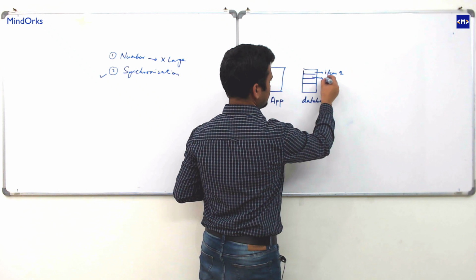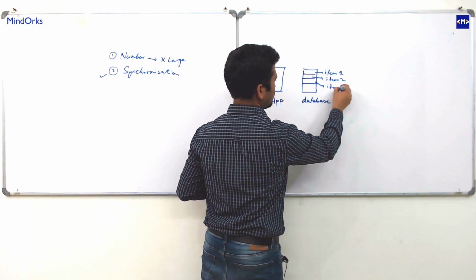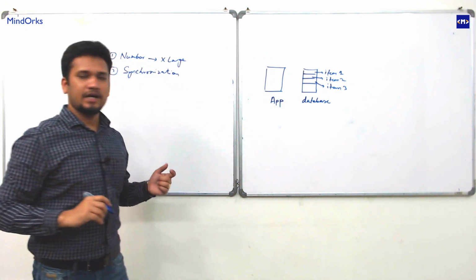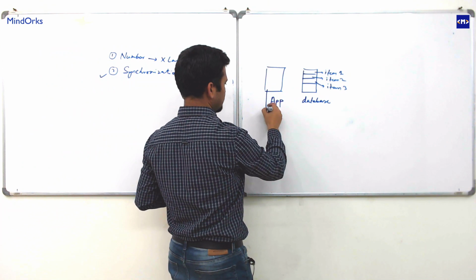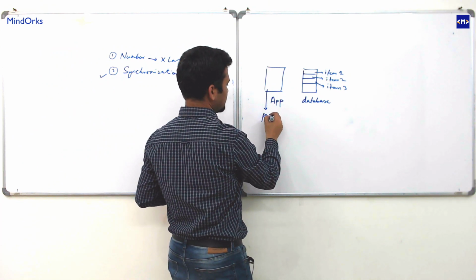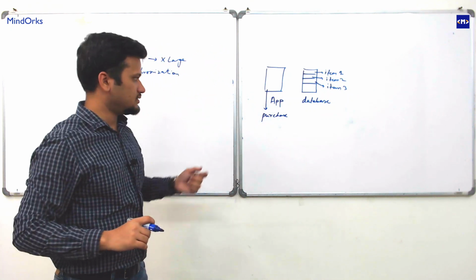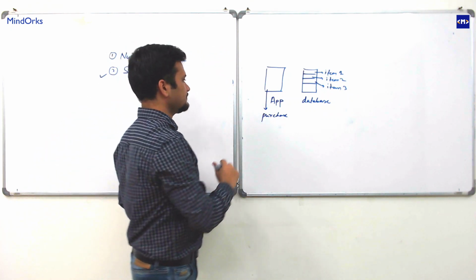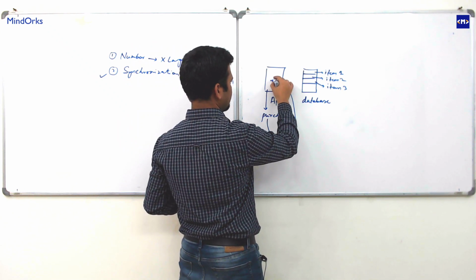Item 1, item 2, item 3. Okay, there are various items. Suppose the user made a purchase based on some pricing that you showed to the user. Okay, now after this purchase you are generating a receipt.